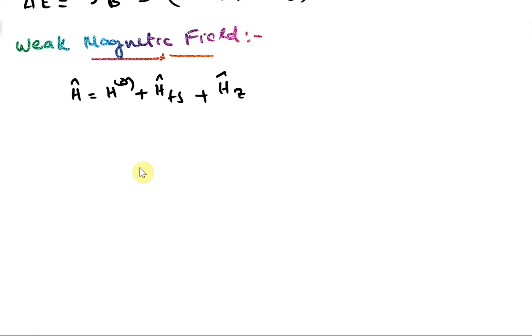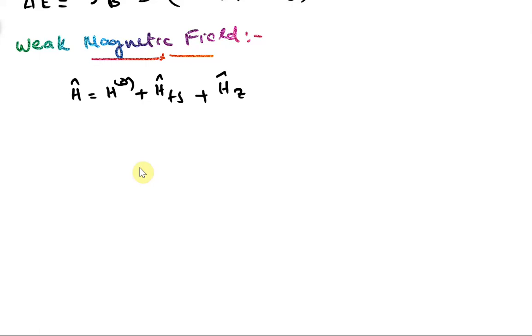I'm not going to go into the explicit details of how this operator looks, but one thing we have to understand is that this is the dominant perturbation in this entire Hamiltonian compared to the Zeeman term.